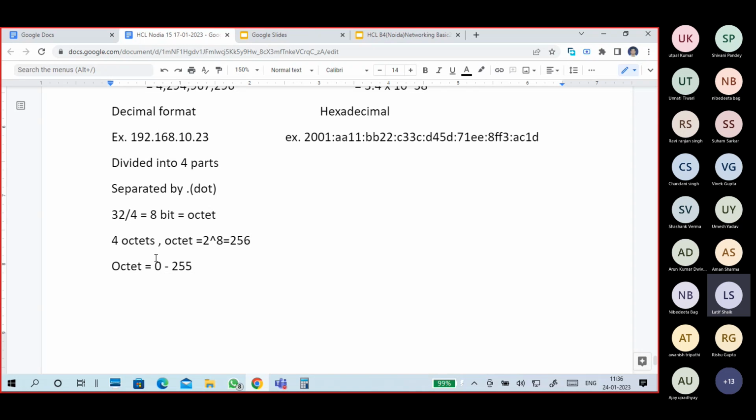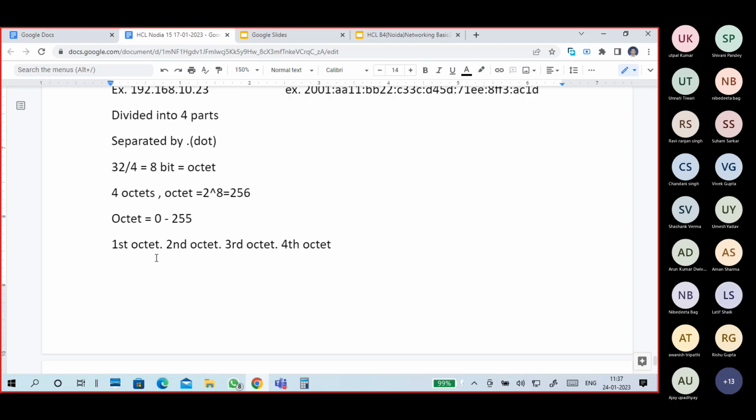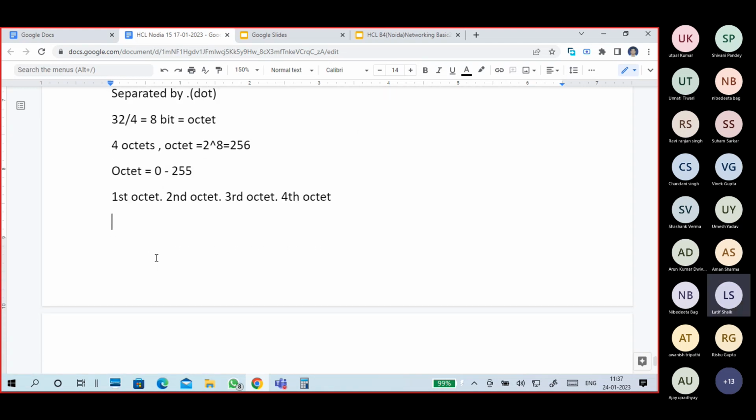This is the first octet, the second one is the second octet, the third octet and the fourth octet. I will come back to IPv6 again, guys.